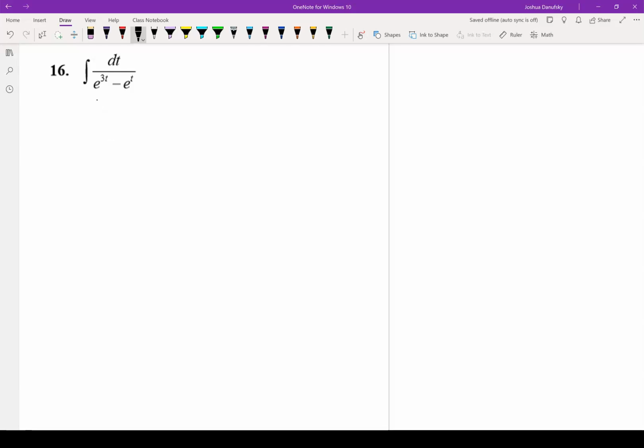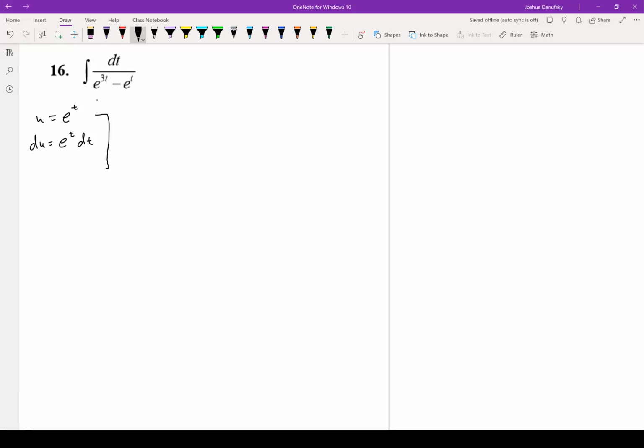If we make u equal to e to the t, then du is equal to e to the t dt. And at this point, we feel kind of stuck, because even though we have a u to the third minus a u in the bottom, we have no place to deal with this, right? So there's another way of approaching this.